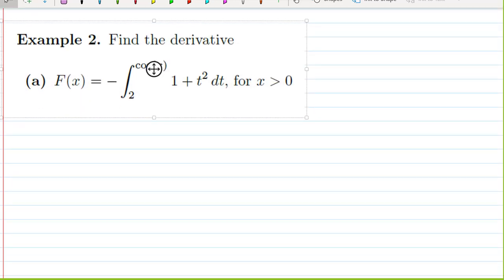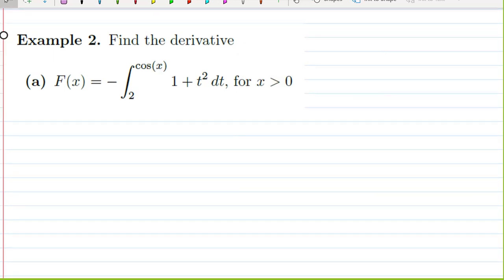So example 2, we want to find the derivative. And we notice something immediately. Our upper limit of integration isn't just an x, right?